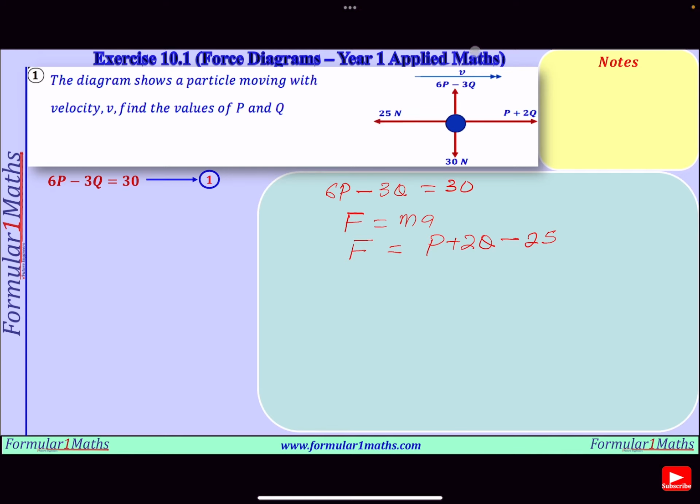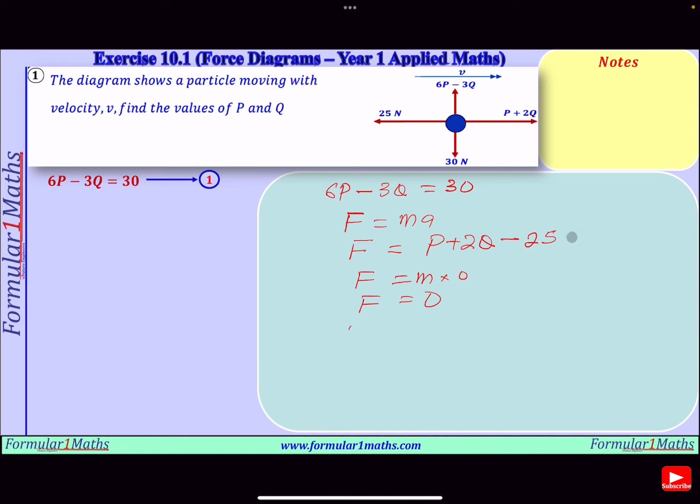But because the velocity is constant, it means there's no acceleration. So it means that a, acceleration, is 0. So in this case, Newton's second law will be F equals the mass times 0, which means F is equal to 0. But we have just found out that the resultant force F is equal to P plus 2Q minus 25.